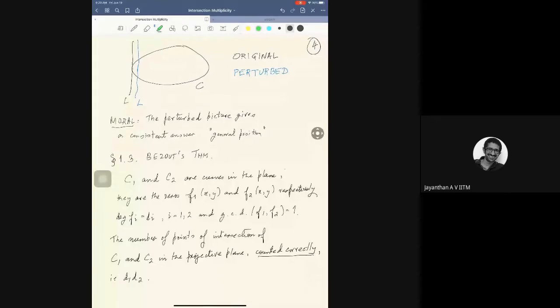Okay, so now let's go to case B, which was the tangential situation. And here, if you take the original line, which was tangential, in black, and the blue line, which is the perturbed line, you find that it intersects in two distinct points. And this also has to be taken with a grain of salt. After all, you could perturb a tangent line through a different point, no doubt.